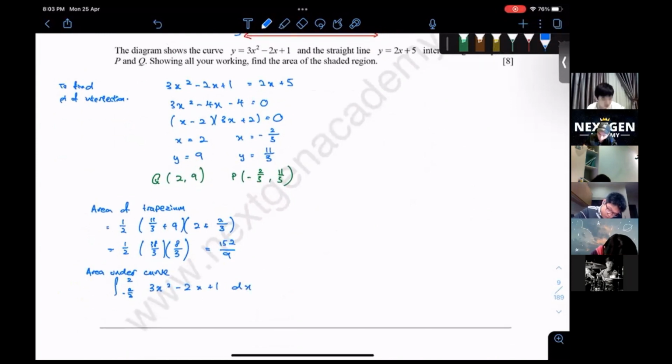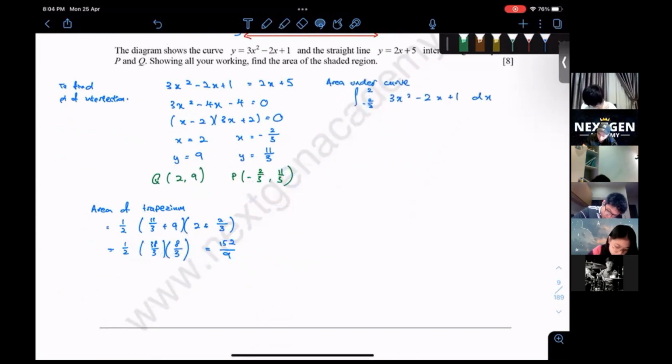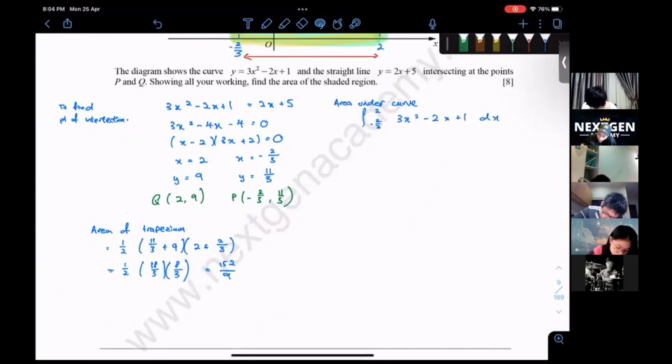Okay, let me move it up here. Okay, so we'll get x cubed minus x squared plus x, from -2/3.